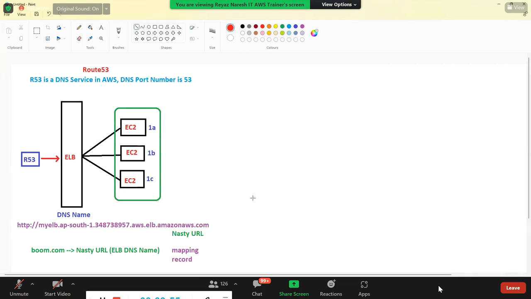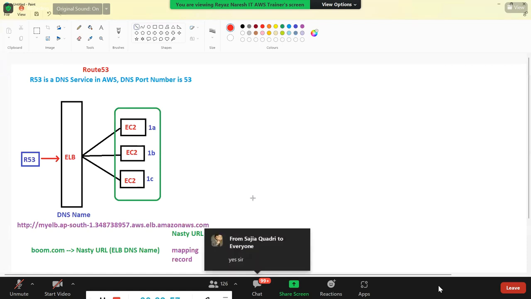Is this clear? Route 53? Instead of the load balancer, can we have S3 also there? Because in S3 we can also do static website hosting. Yes. Excellent.